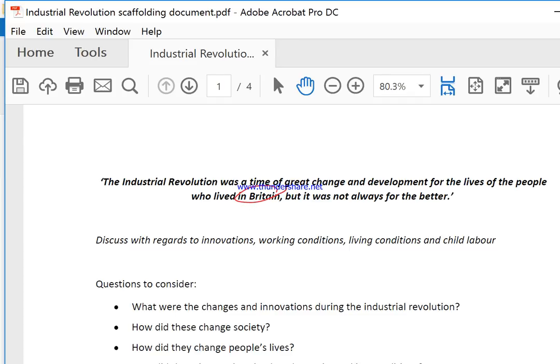The Industrial Revolution was a period of great change and development in technology and society, or, have a good definition that you can find. Then you need to say your main points. So you need to put into your essay, what are you going to focus on as your main points?